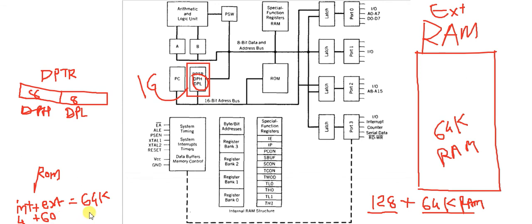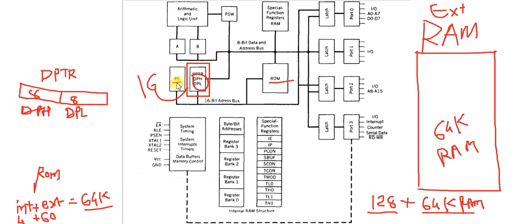So in case of ROM, we have to sum up to 64K. We are not getting an additional 64K connection because the program counter is used to access internal ROM as well as external ROM.